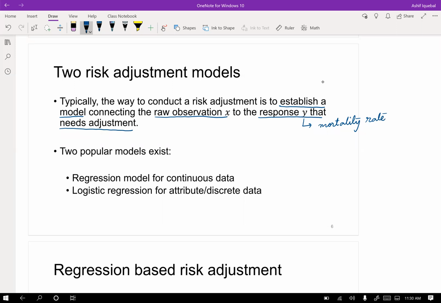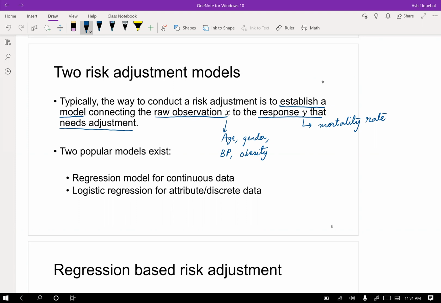Your raw observation X could be age, gender, blood pressure, obesity, and a plethora of other factors. All of these factors can actually influence your response Y, mortality rate, right?